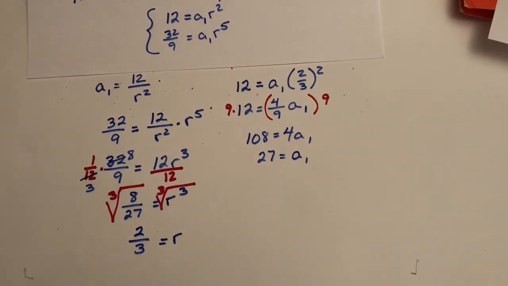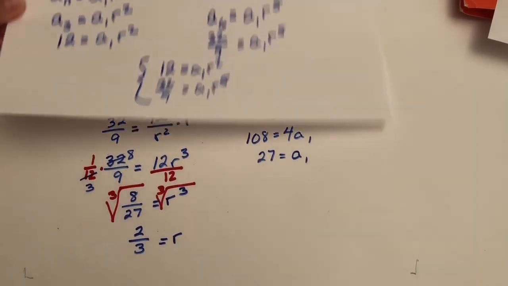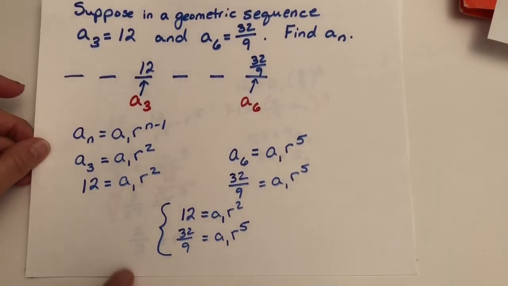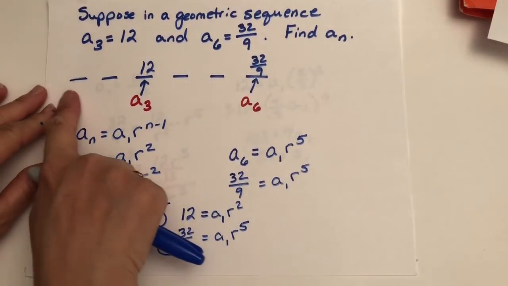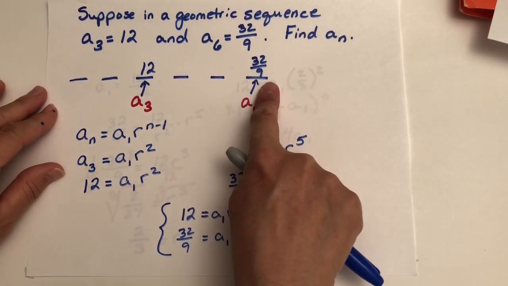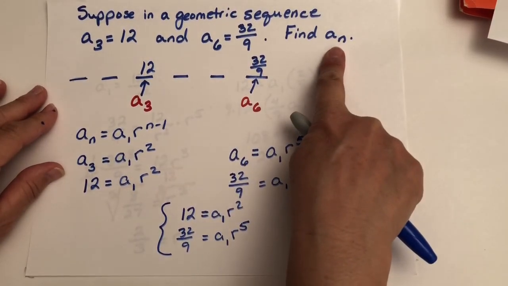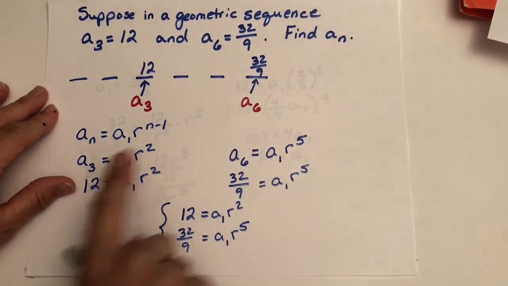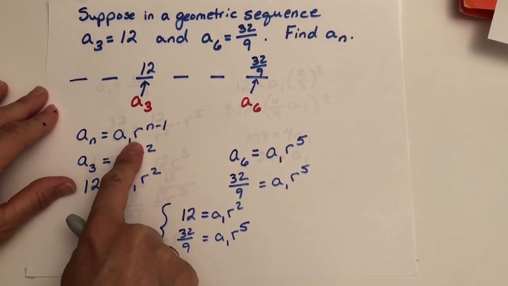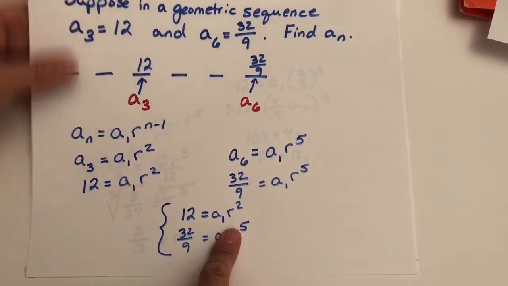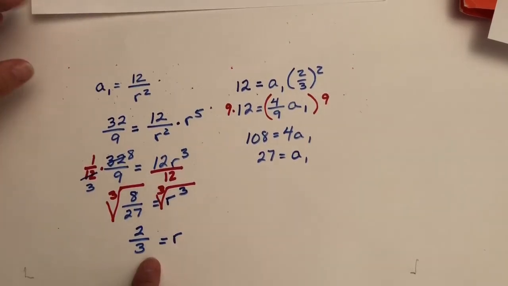So don't lose sight of what we were trying to find. Let me bring you back. We are trying to find a formula for this geometric sequence, right? We're trying to find a sub n. And we need a sub 1 and r to do it. And notice what we have. We have a sub 1 and we have r.